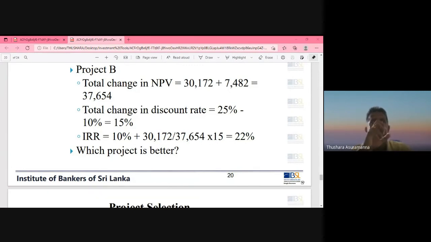Say the total is 100 million. Out of that, say 40% is debt and 60% is equity.